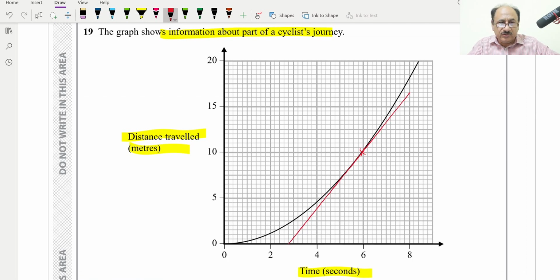This is the line which we had drawn. Now we can complete the triangle, and we can show it like this. This will be the rise, and this side will be the run. The x-axis will be the run. So the gradient we will find as rise over run. So we can write the m value.